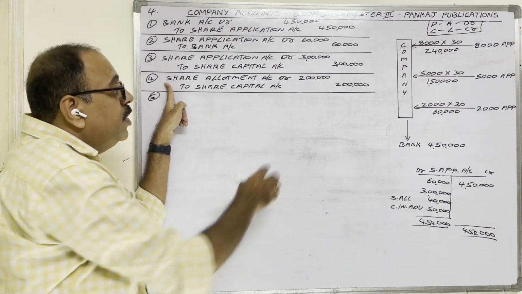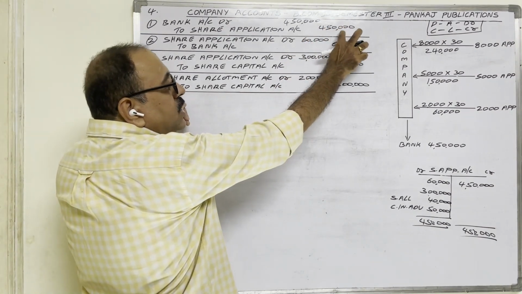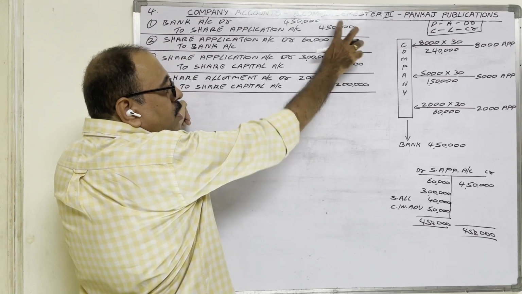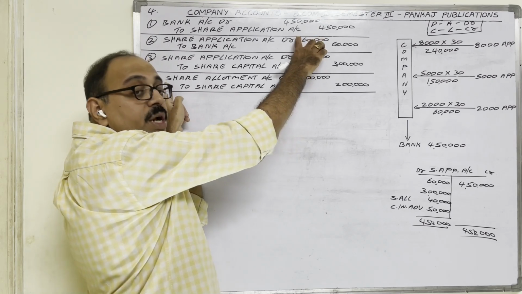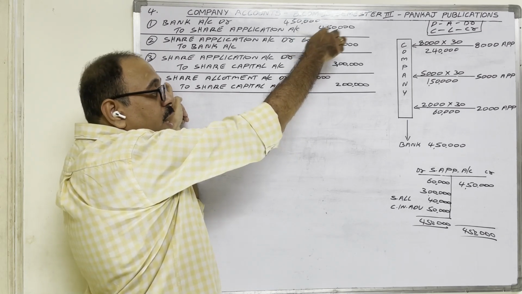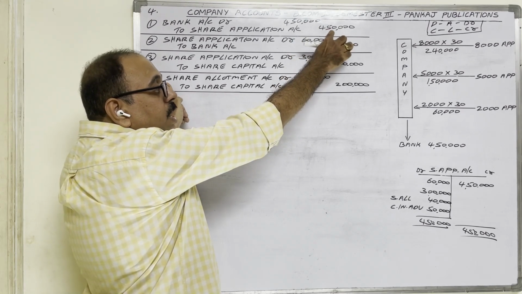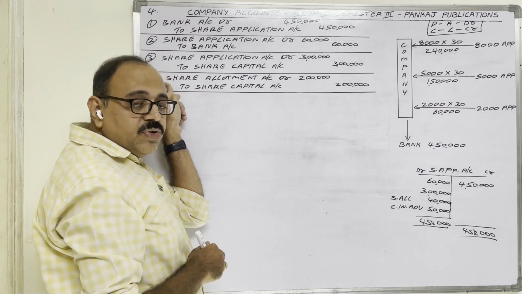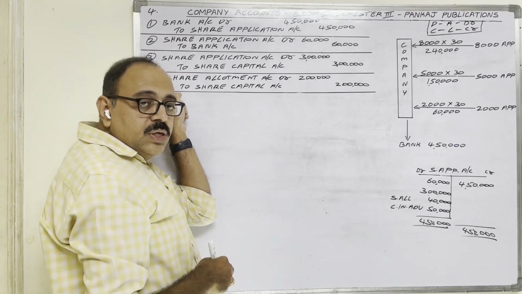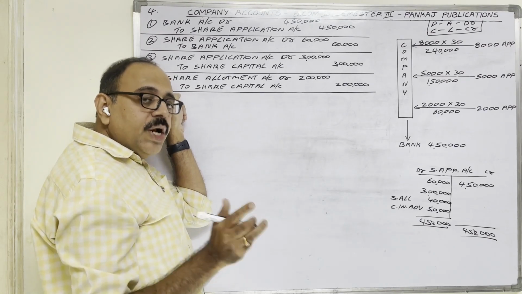Because 4,50,000 was credited in the first entry, and in the second and third entries only 3,60,000 was debited. So the remaining amount 90,000 is a credit balance in the share application account. Finally, that credit balance we are transferring to those two accounts, so that credit balance will get closed.